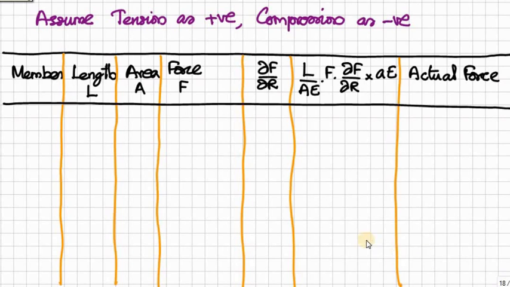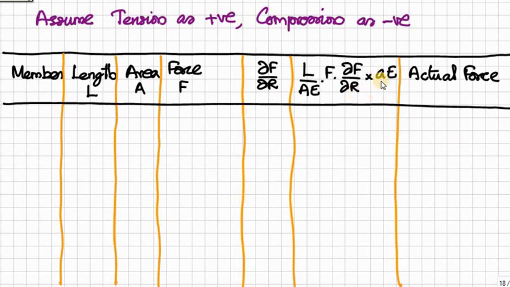So here we have the member, the length in meter, area, the cross-section area, the force due to the external and redundant force. Then we have to differentiate this force with respect to the redundant force R. Then this is the expression, because we will cancel out the term AE from all our force expressions.